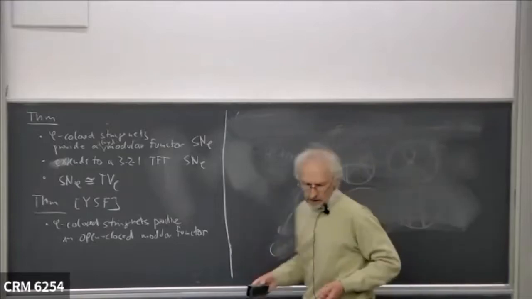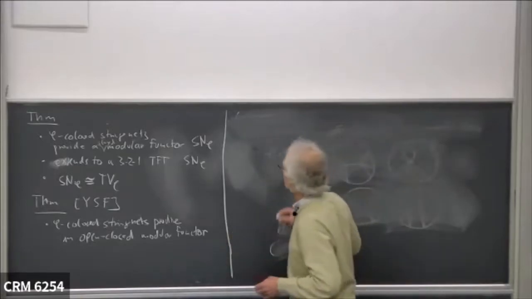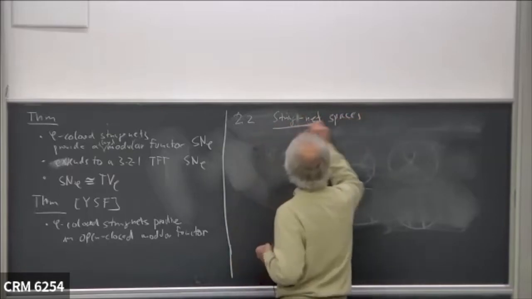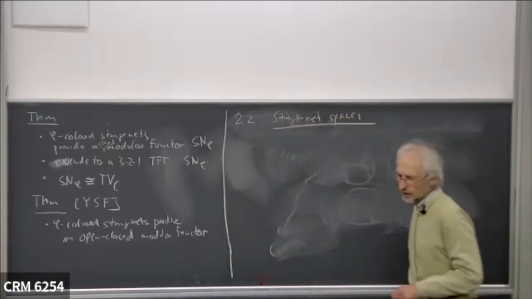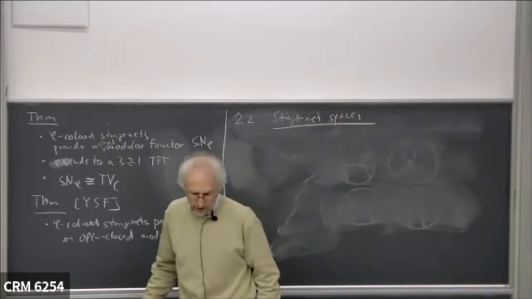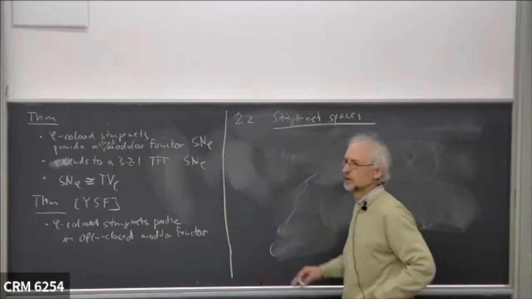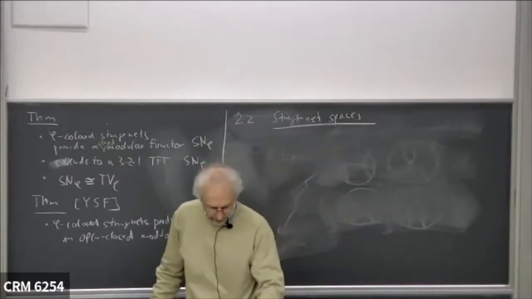Next is how we get these stringnet spaces. And this is parallel to how you get them in the case of C-colored stringnets. So if you haven't heard about them yet, then you will learn something about them now.